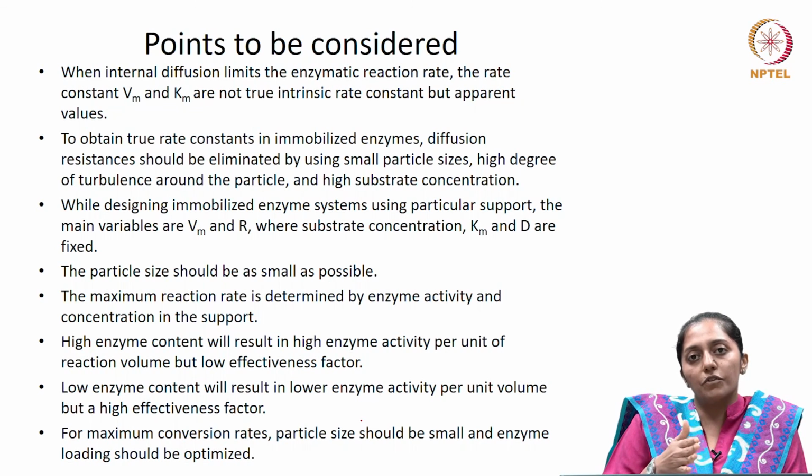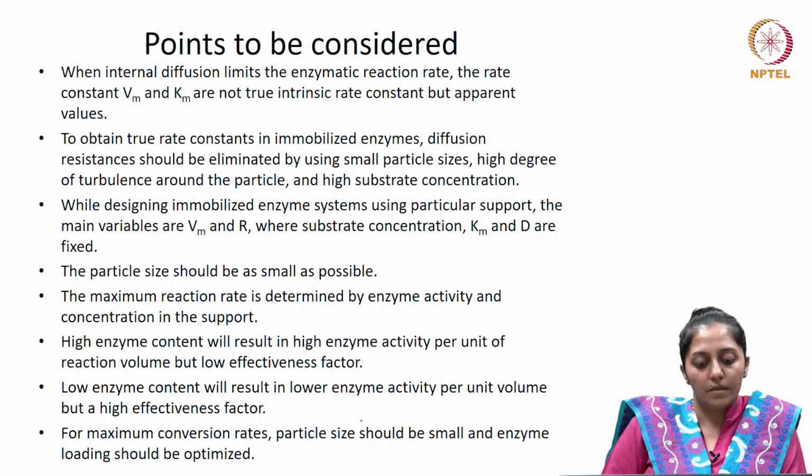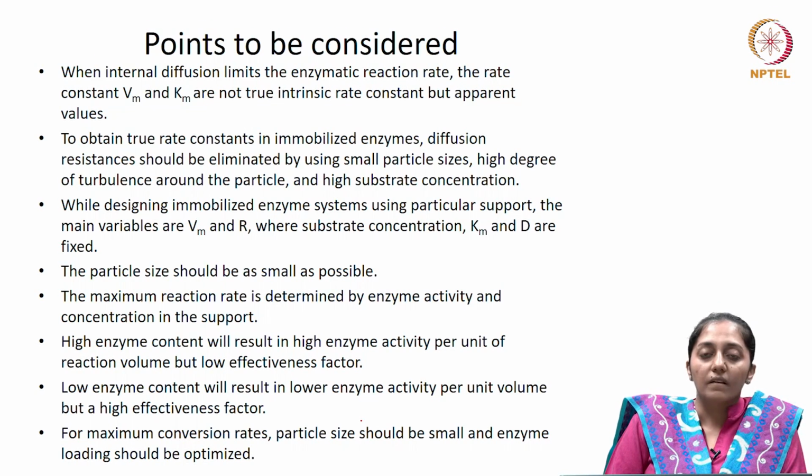Efficiency factor will reduce because whatever is present inside will be devoid of the substrate. Whereas, if there is low enzyme content, it will result in lower enzyme activity per unit volume, however, high efficiency factor. So, for maximum reaction rates, what should one do?